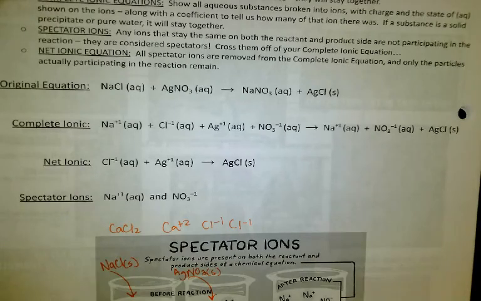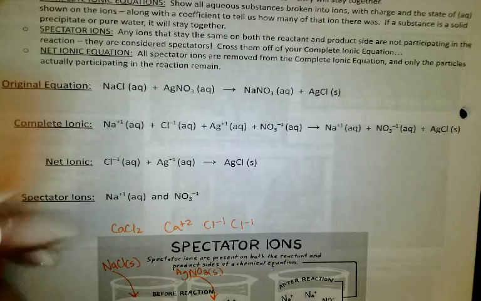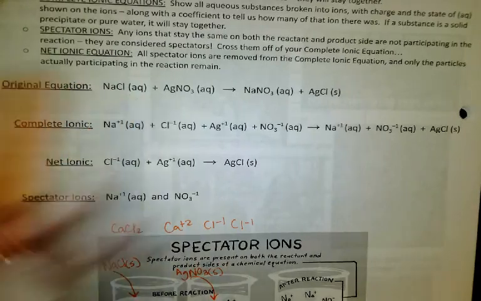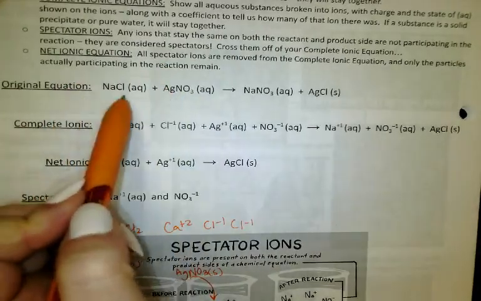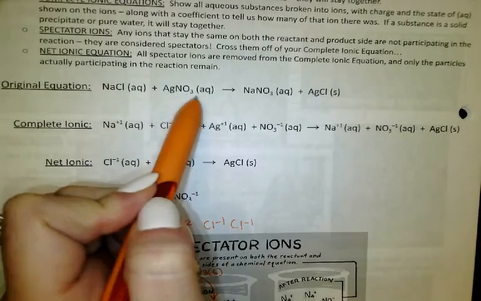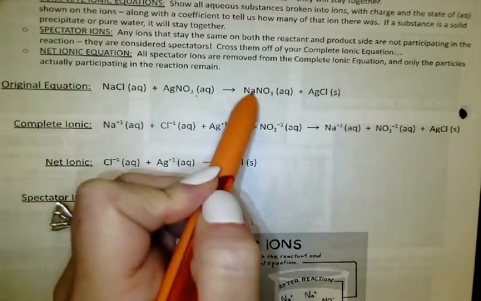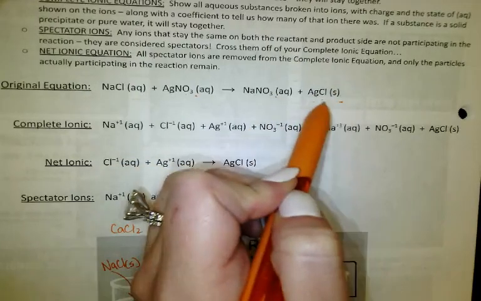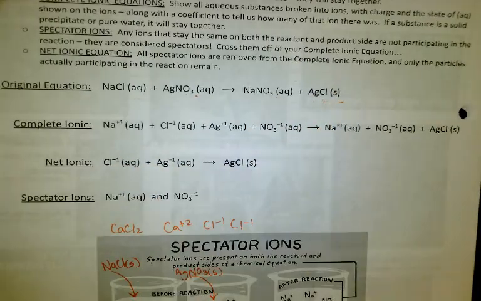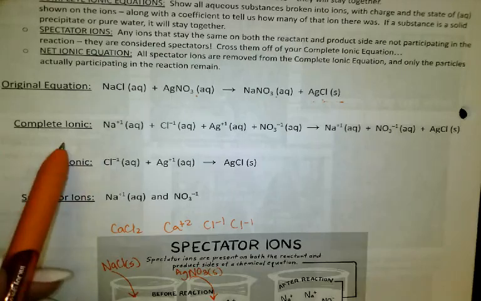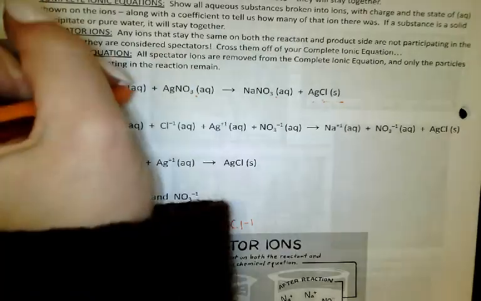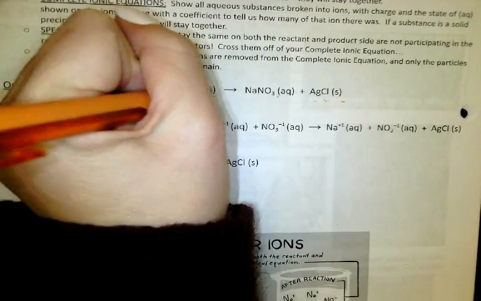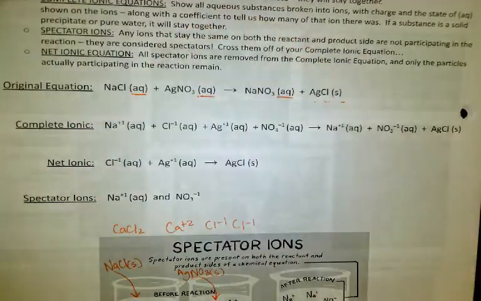This is the reaction we just looked at. We have sodium chloride aqueous, silver nitrate aqueous, yields sodium nitrate aqueous and silver chloride solid. Okay, now when you are writing a complete ionic equation, any compound that has AQ next to it, you are going to separate it out into its respective ions, okay?